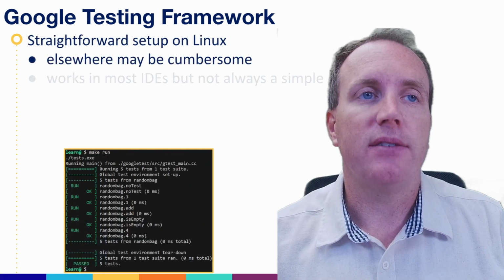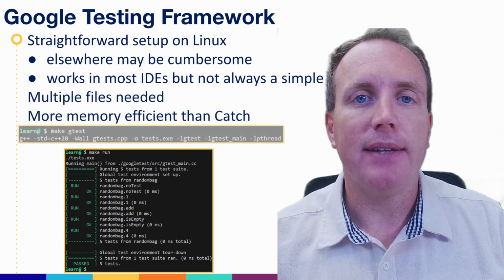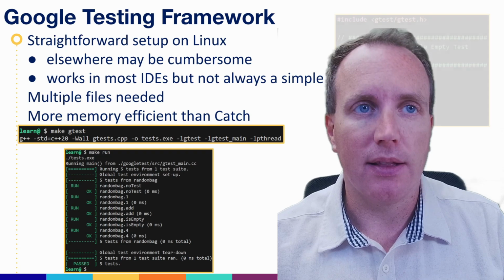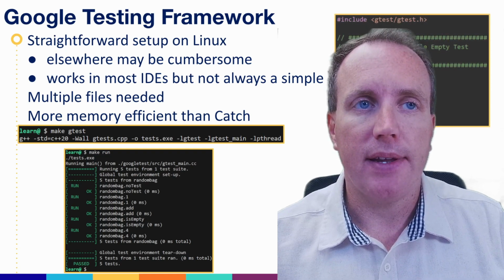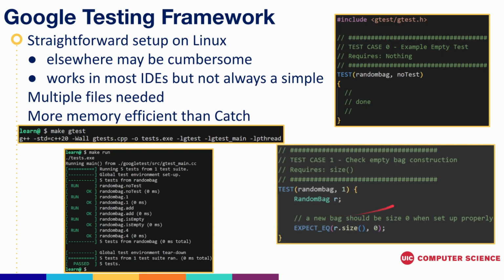So the Google Test framework is the second framework, and it's very straightforward to set up in Linux. Outside of Linux, it is hard to set up. Make, right? So the gtest here, again, we're just getting that Google Test framework CPP.